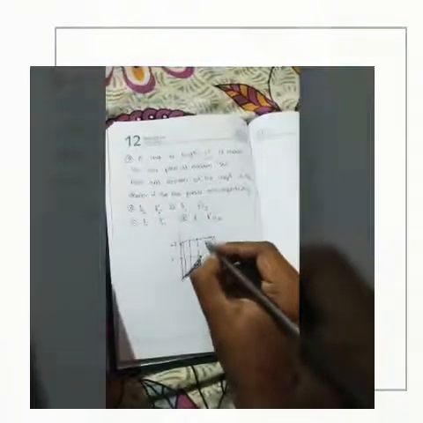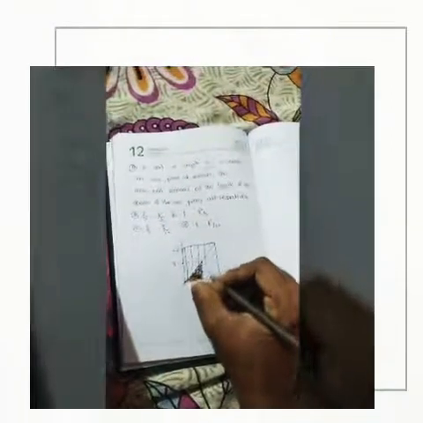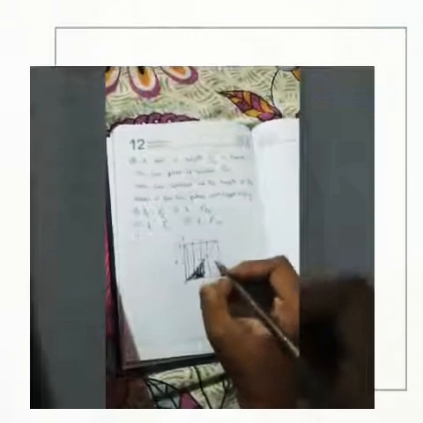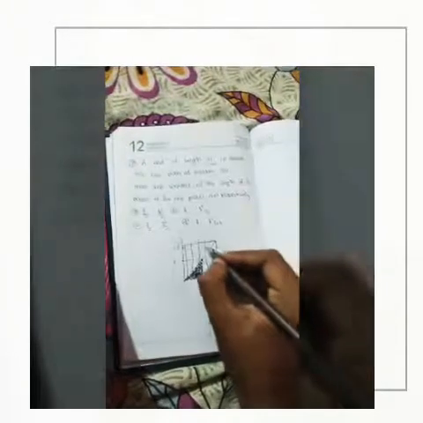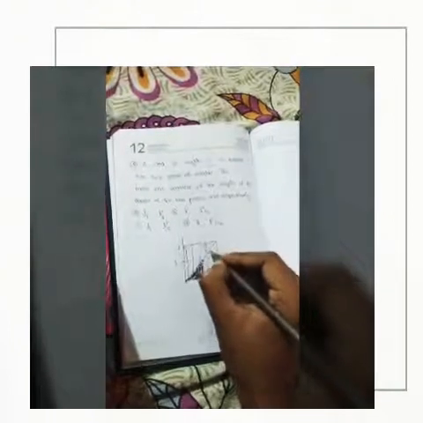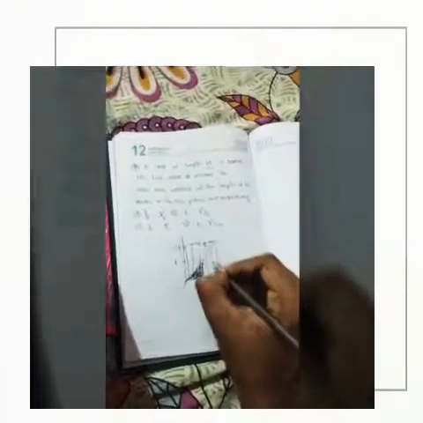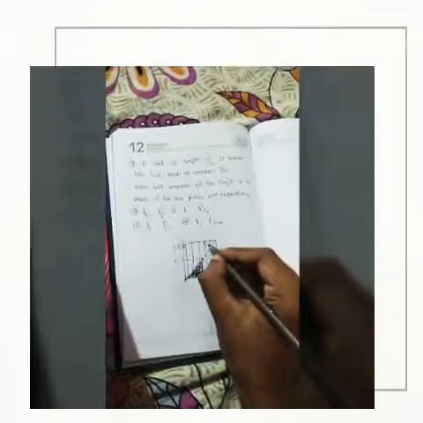Now consider if I put the rod here and cut it into two pieces, then the shorter one is this portion. If I put the rod here, then the shorter one is here.